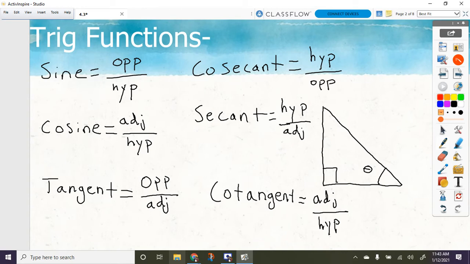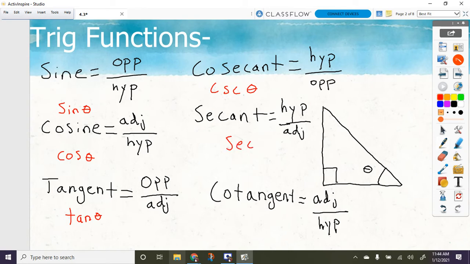Now remember that we do have abbreviations for these. So we have sine is sin of theta, cosine is cos of theta, and tangent is tan of theta. Likewise, we have abbreviations here for cosecant, because cos is already taken by cosine, it's actually csc of theta.